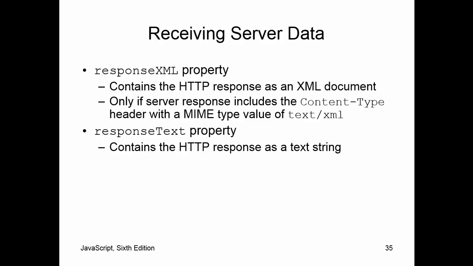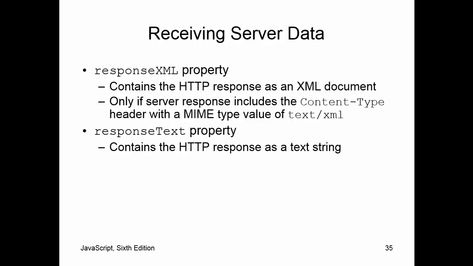As far as receiving, the response XML property here, notice as it says, after you submit a request with the XMLHttpRequest object, the body in the server response is assigned to the object's responseXML or responseText properties.